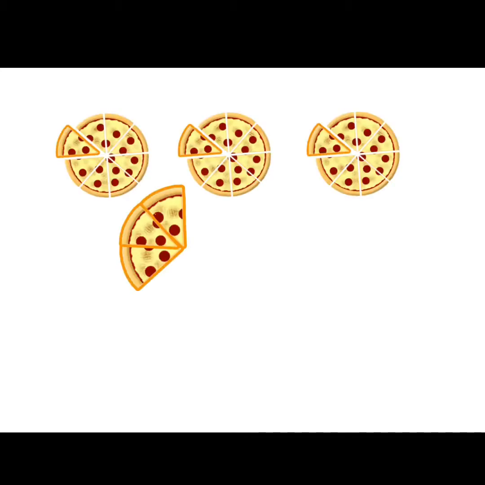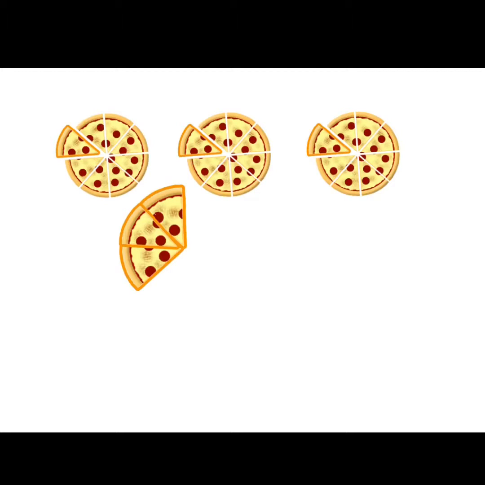But let's say that you ate more than 1 slice. Let's say you were having a party and you ordered 4 pizzas for the party, and your friends ate 1, 2, 3 whole pizzas, and then the other pizza they ate 1, 2, 3 slices.